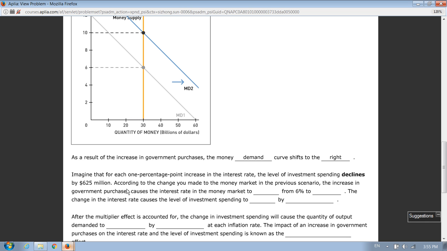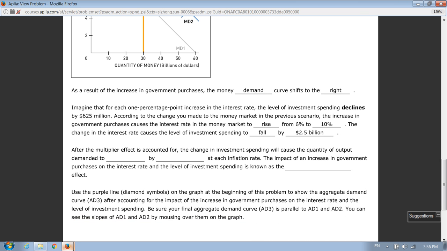The increase in government purchases caused the interest rate in the money market to rise. The interest rate will increase from 6% to 10%, and the change in interest rate caused the level of investment spending to fall by $2.5 billion.